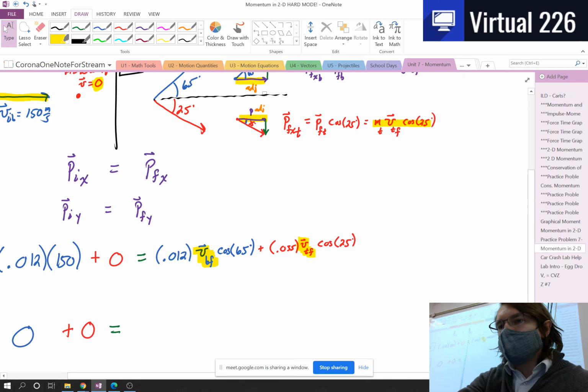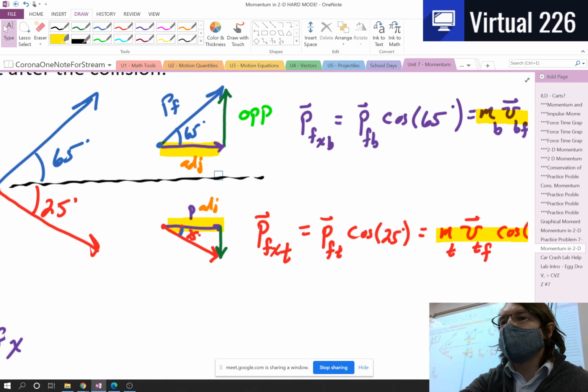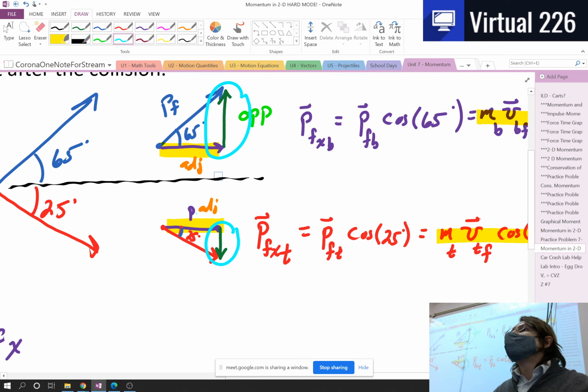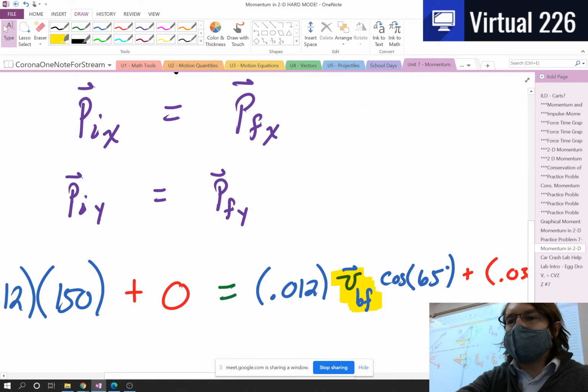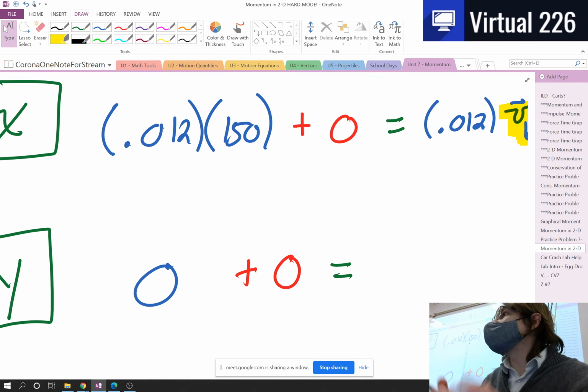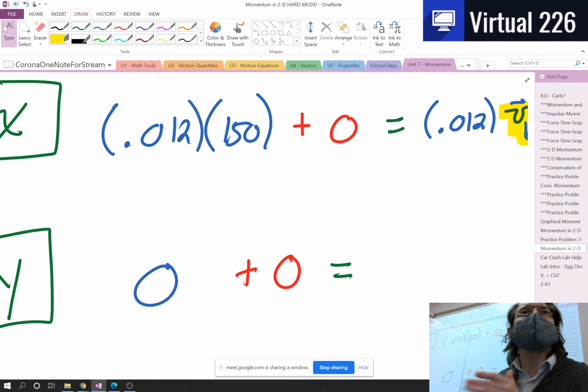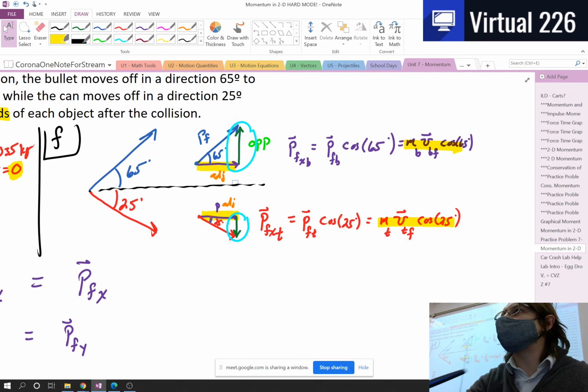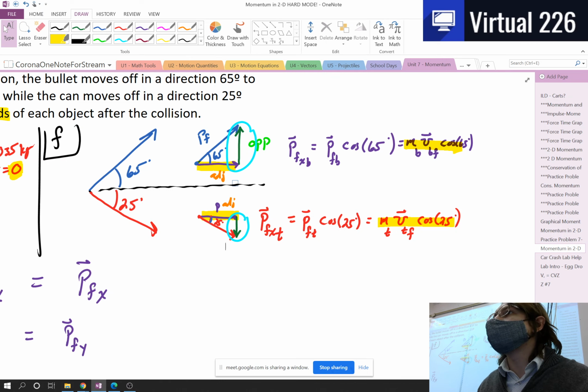When we look at the y directions, though, after the ricochet, we see that we now have the opposite sides to play with. These opposite sides, when we add them together, have to add up to 0, because the initial still has to equal the final. What that should signal to us is that if we're adding two numbers together and they have to add up to 0, one of them better be negative, right?